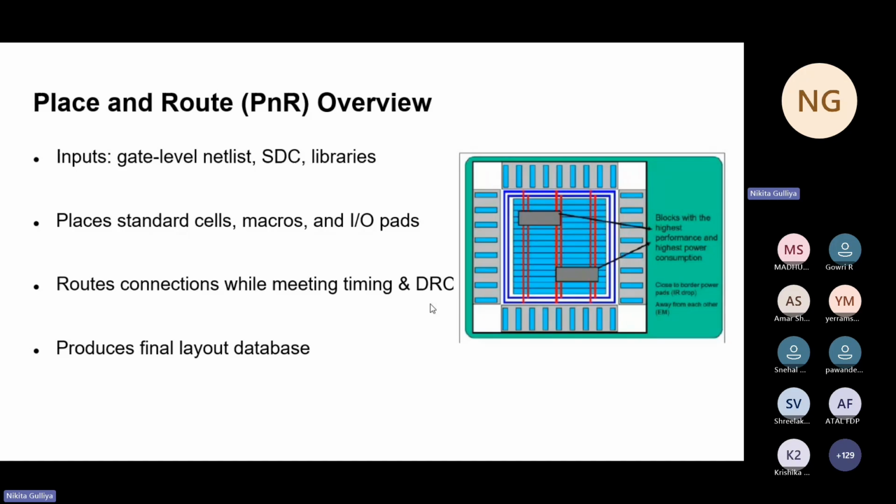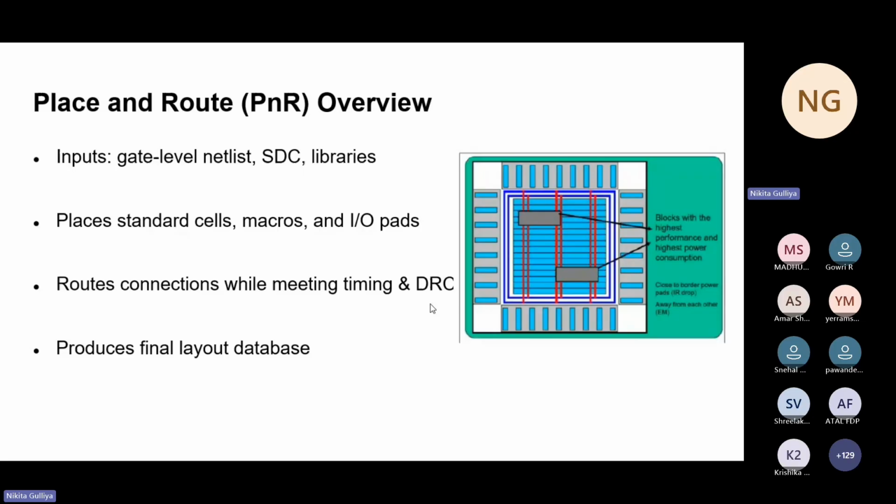What are macros? These are large functional blocks delivered as a single unit. Examples include SRAMs and CPU cores, etc. And these macros are basically made up of standard cells.